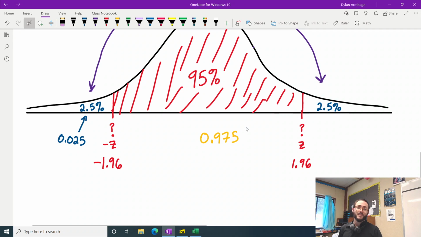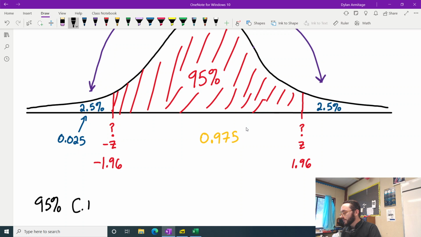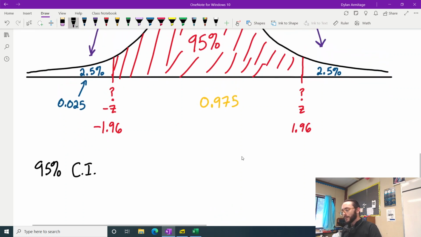So the actual 95% confidence interval isn't multiplying by 2. It's the 95% confidence interval for a proportion. It's not really p hat plus or minus 2 times the standard error.